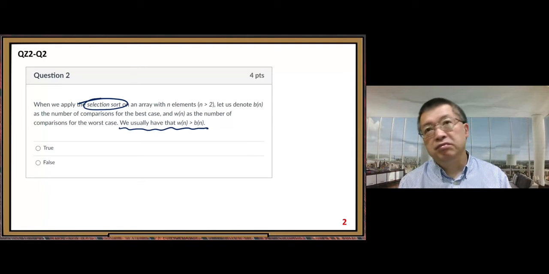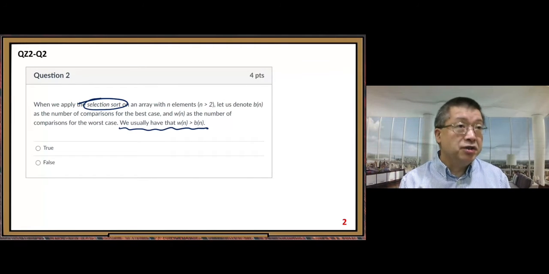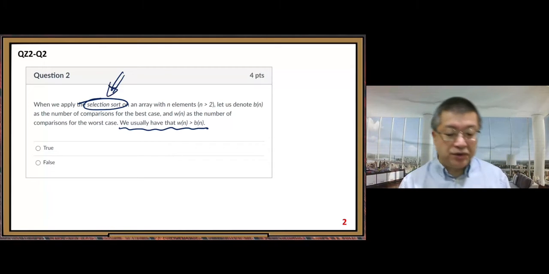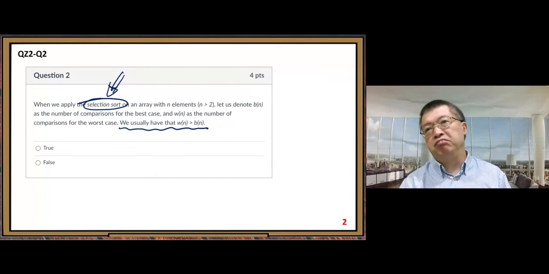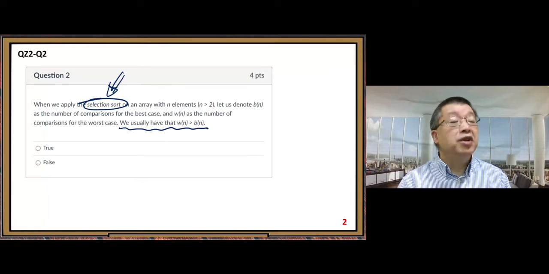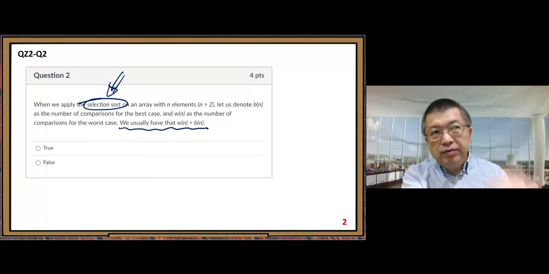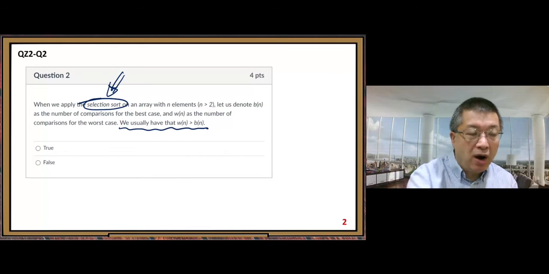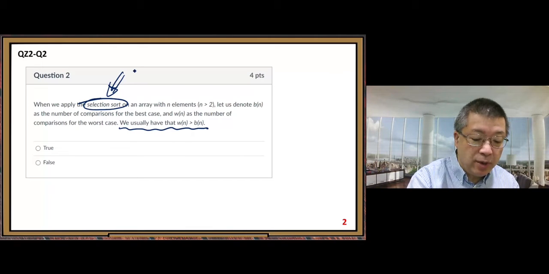So that's based on real world experience. But here, it's not that case. Here, you need to get to the details of the selection sort. Selection sort is special regarding this part. Actually here we can talk about bubble sort together because regarding this part, they are the same.